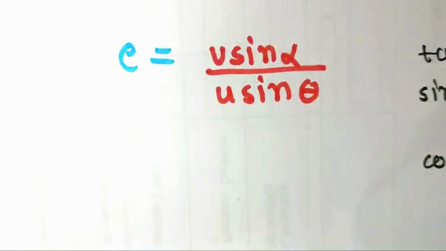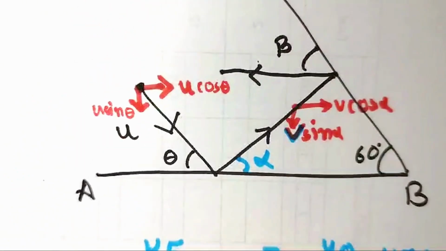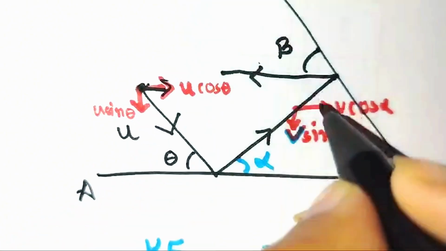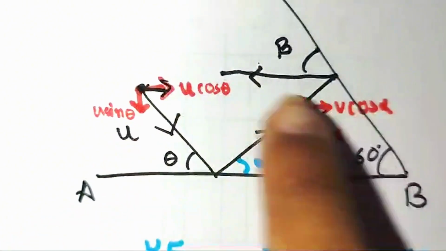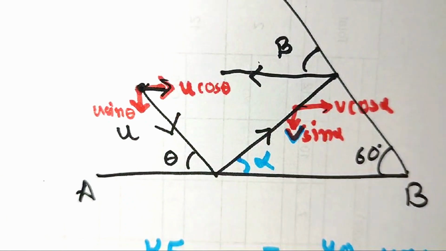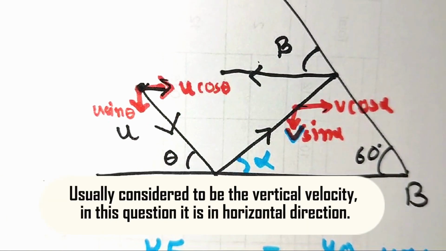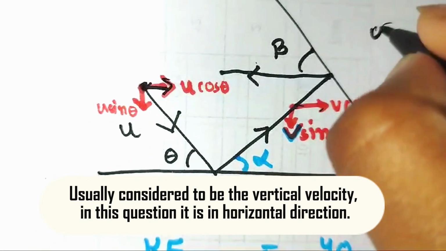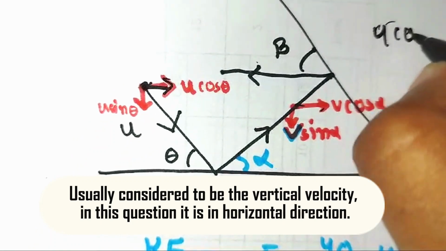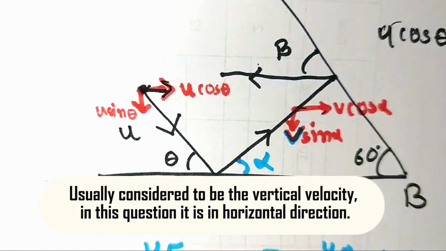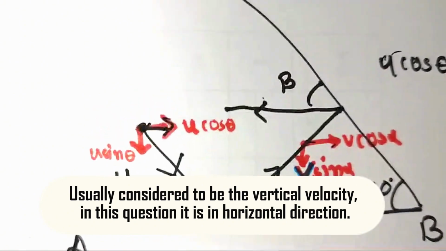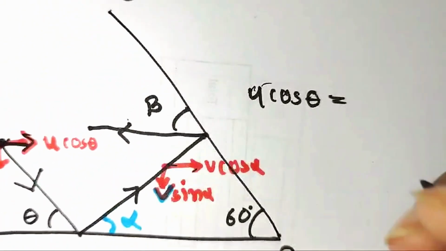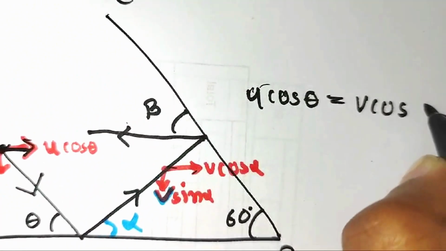We need this value. For that, we have two more components, this one and this one, and these two components are like the vertical ones. In this case, they are going to be equal, every time the vertical component is equal. So u cos theta is equal to v cos alpha.